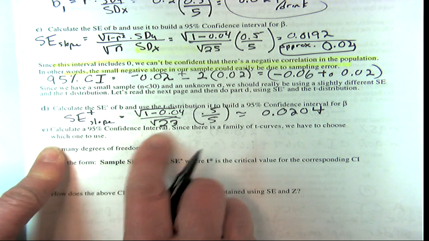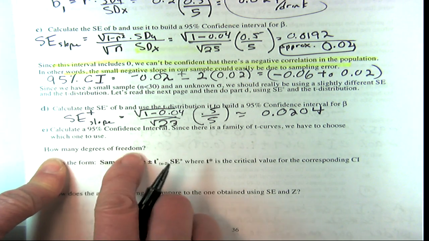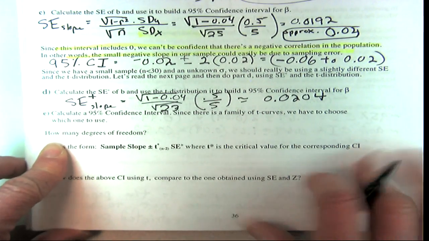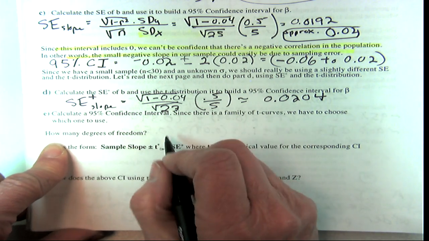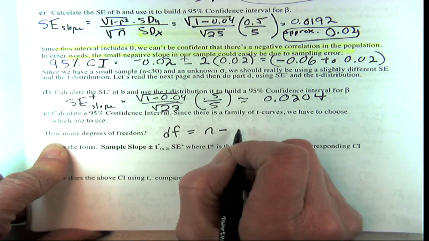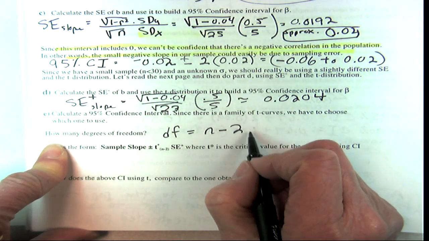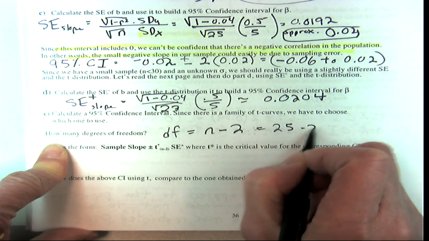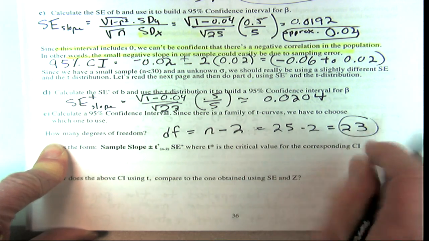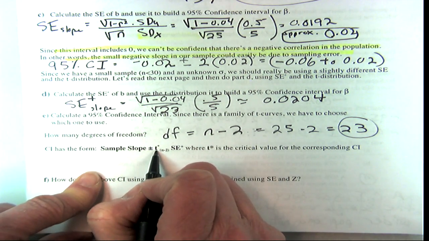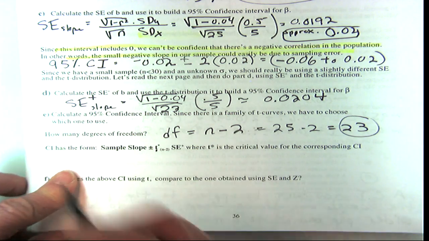All right, so now, remember there's a whole family of t-curves, so how many degrees of freedom? The degrees of freedom is equal to n minus 2. Two points determine a line, so you need at least 2 points. N minus 2, so we have 25 minus 2, 23 degrees of freedom. And that's where we get our critical value. So we're going to have the same exact thing.